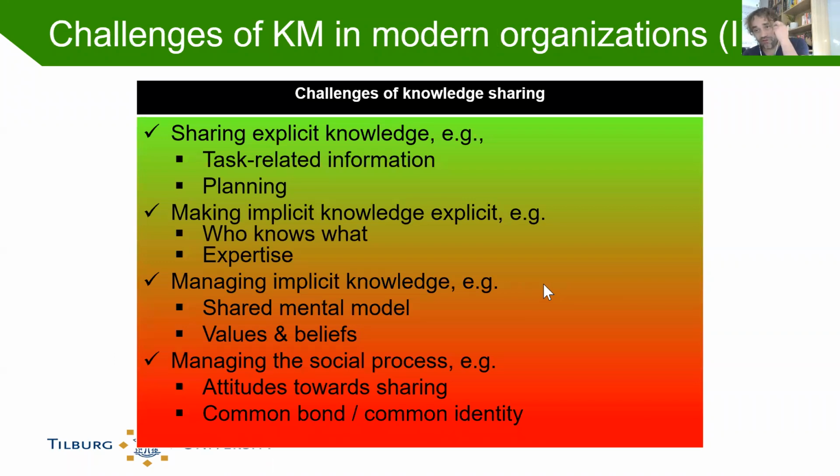If you think of all the tasks with managing a virtual team and managing knowledge, it starts out pretty simple. Sharing explicit information is relatively easy. Making implicit knowledge explicit, who knows what, expertise, the examples we talked about before the break, is a bit more difficult.